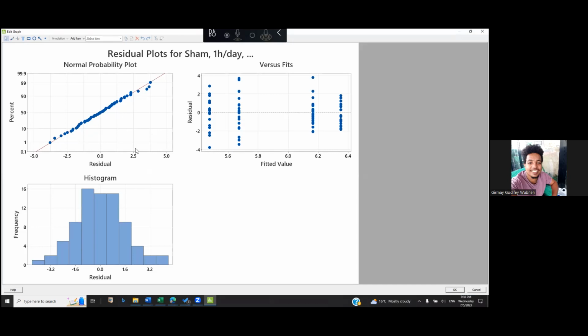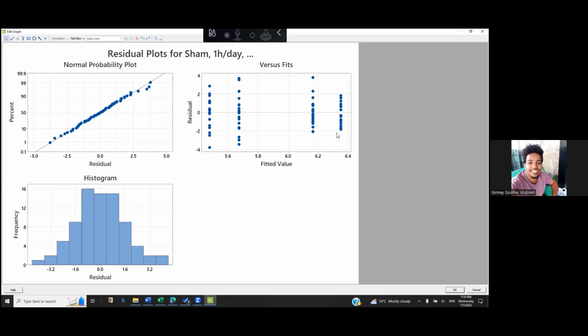We assume a normal distribution, and the residuals fit it well. There is no unusual trend in the residuals; they should be randomized. The points have more or less equal variance, so there is no unusual difference here.